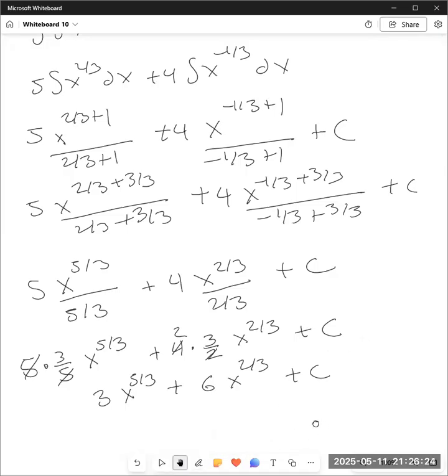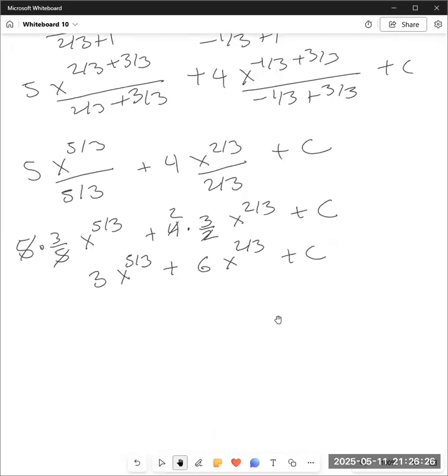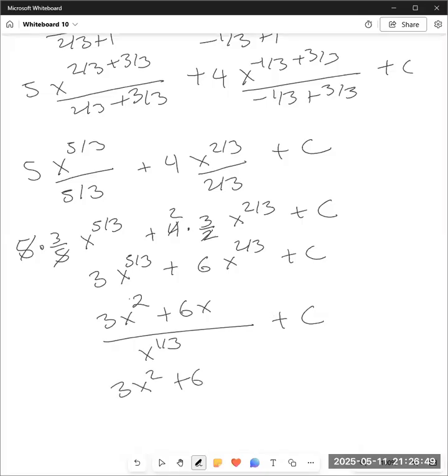So probably here, if I multiplied everything by the cube root of x and made this 3x to the 6/3, which is 2, plus 6x to the 3/3, over x to the 1/3 plus c. That's probably closest to what the answer key is going to want.